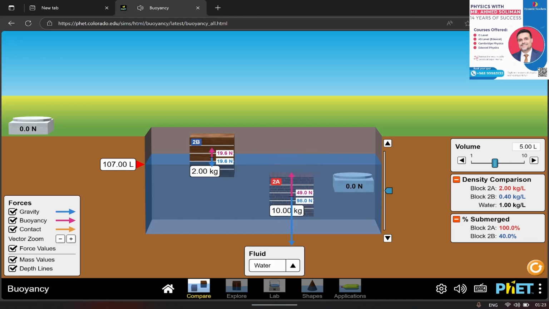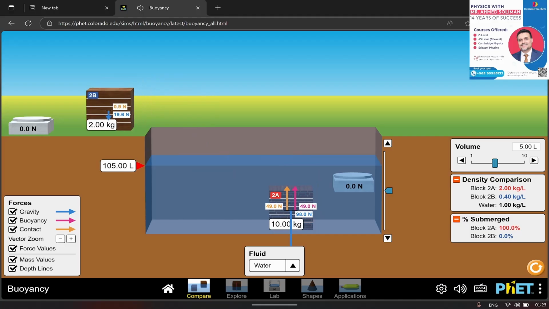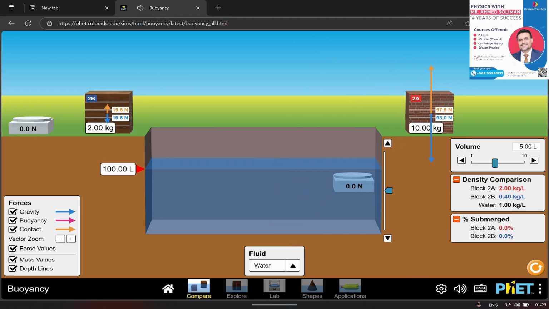So for the same volume, greater mass means greater density, and less mass means less density. This is the first thing: the relationship between density and mass if the volume is fixed.